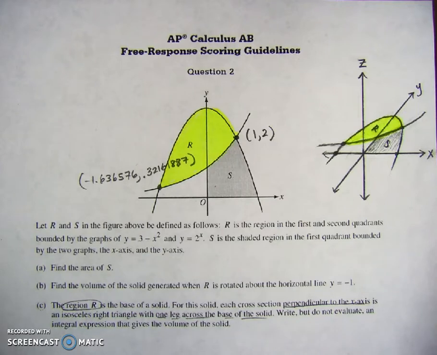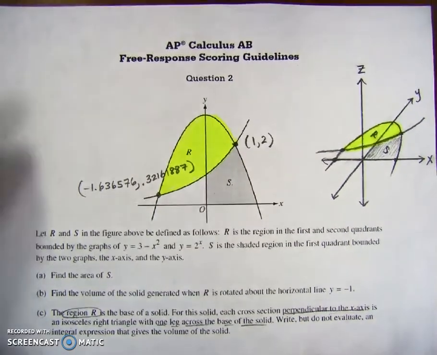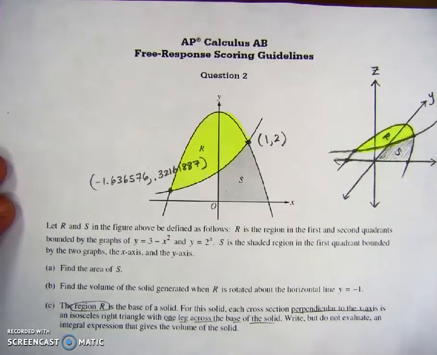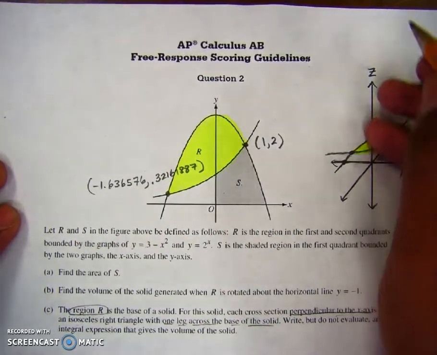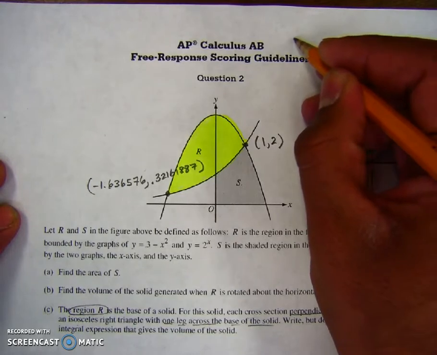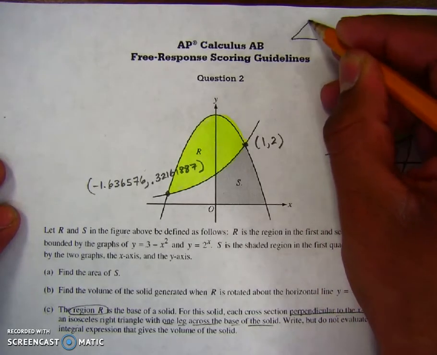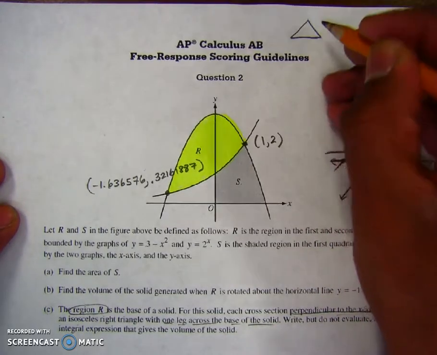What we're supposed to do is show cross sections perpendicular to the x-axis that are isosceles right triangles with one leg across the base of the solid. A lot of you are used to seeing isosceles right triangles maybe something like this.